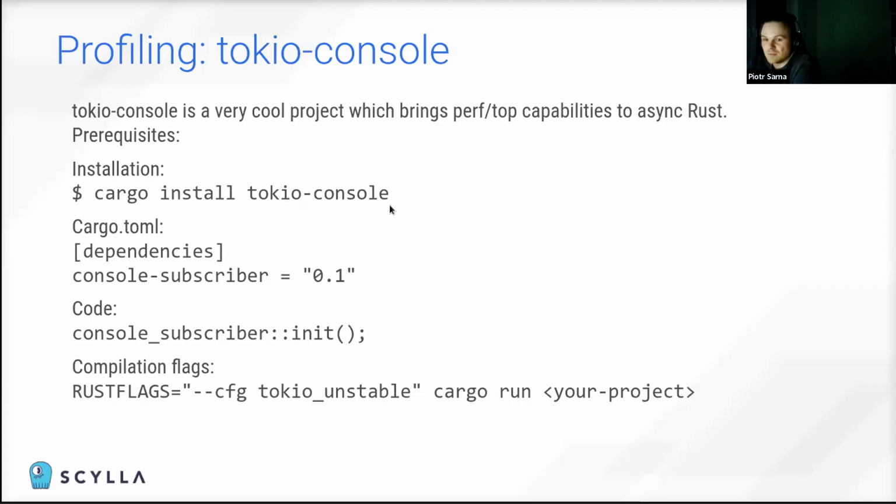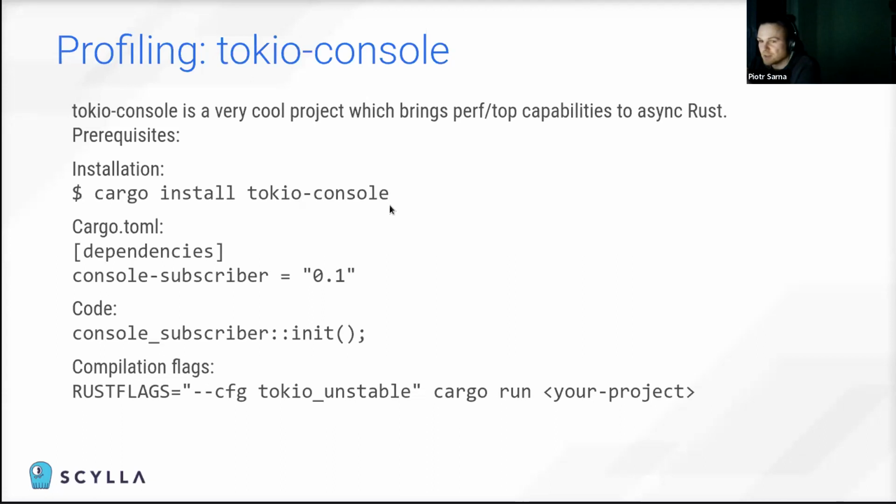A few weeks ago, Tokio console was released in its first early version. And with Tokio console, you can browse which tasks are currently active, which resources like semaphores or queues or timers are taken, used, which are free, what are their parameters. And all in all, it gives you a very nice insight into how your async code works underneath.